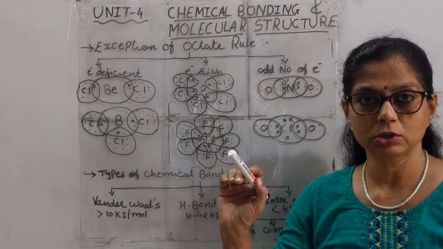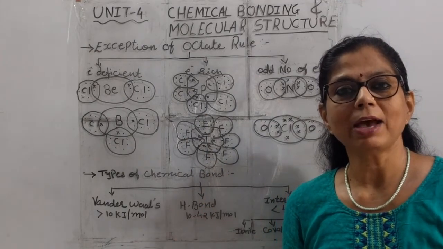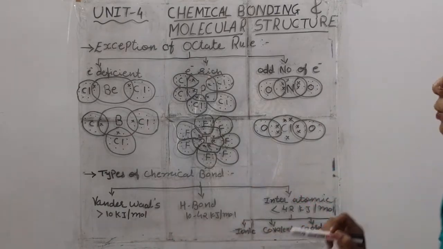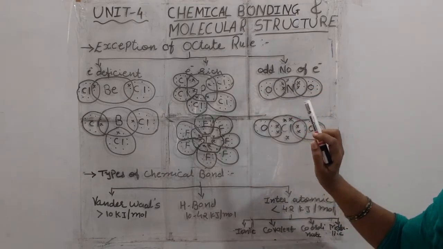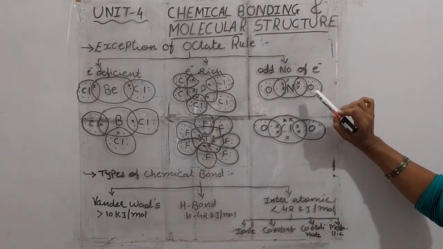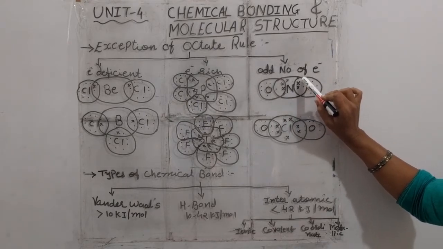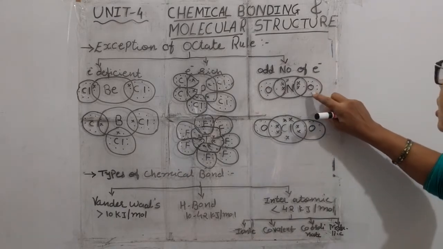Z of oxygen is 8, which means oxygen has 6 valence electrons, which I have drawn by putting dots over the oxygen. Now you can see, student, this oxygen 3, 4, 5, 6, 7 and 8; oxygen is also completing its own octet.